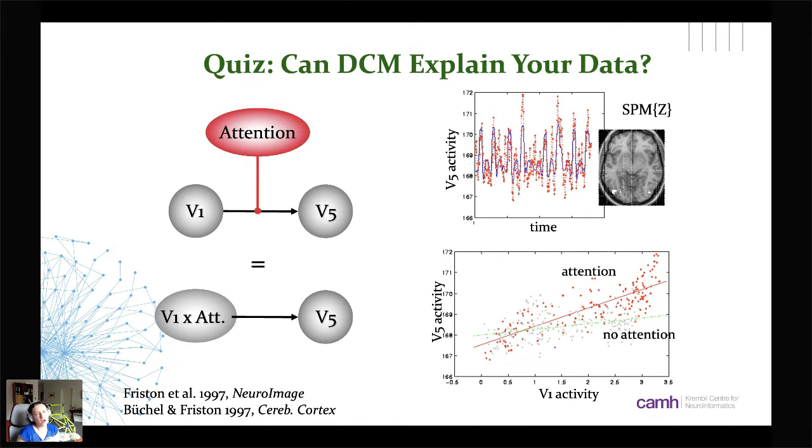And so we have a model where we assume that the effect of attention is represented in a particular region of the brain, in this case, this superior parietal lobule. And this effect of attention represented in the superior parietal lobule affects connectivity from V1 to V5. So the input is driving the motion region of the brain to detect the motion.